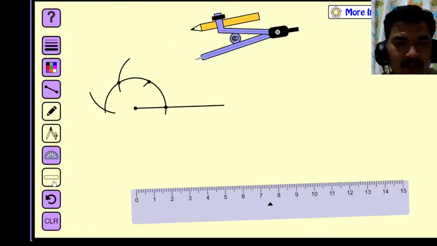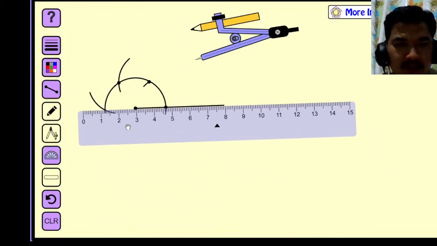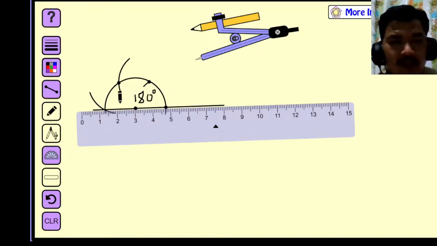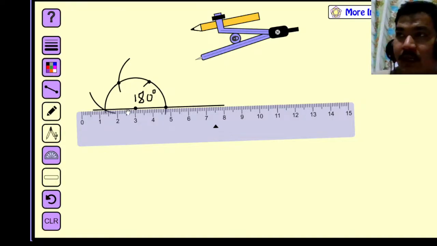Now we can take the help of ruler and join this, okay? A straight line will come, which is known as 180 degree. This angle here is 180 degree, which is known as straight angle, okay? This is 180 degree. This is the way to construct 180 degree, right?